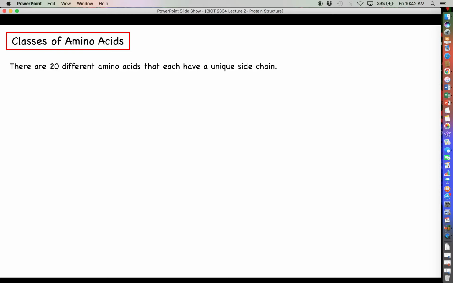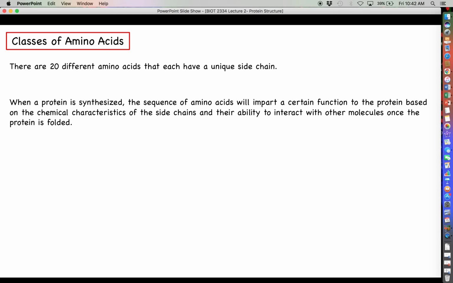Okay, so now let's talk about our 20 different amino acids. So all we really know at this point is that we've got 20 different amino acids, and what makes each one of them unique is the identity of their side chain.